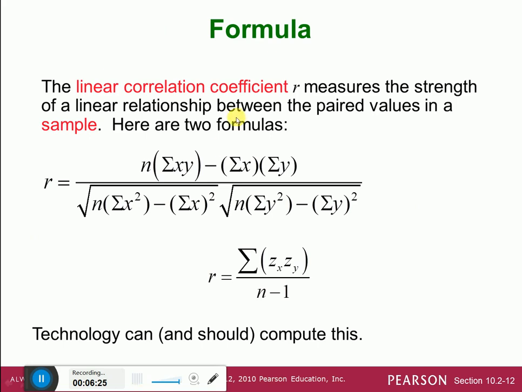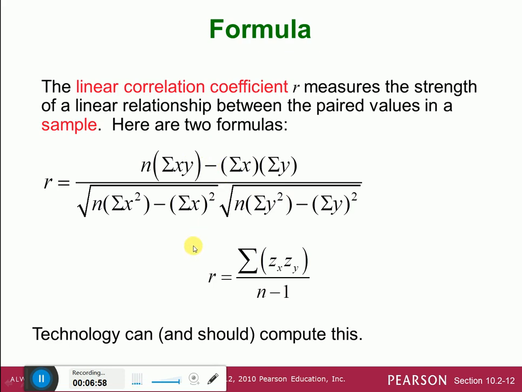Okay, so the linear correlation coefficient R measures the strength of a linear relationship between the paired values in a sample. And this is the expanded formula for R. So you take n, the number of pairs, multiply by the sum of all the x and y being multiplied together, subtract the sum of x times the sum of y, and take the square root of this whole huge formula.